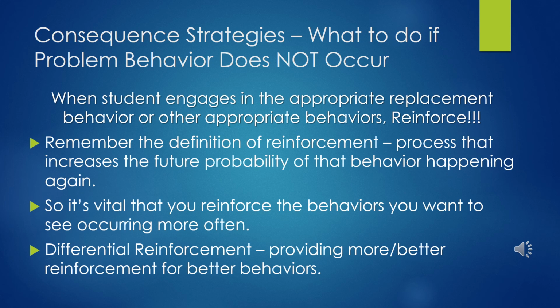So every behavior plan in the consequence section, and later, at the end of the course, I'm going to give you an example behavior plan that's embedded in an IEP writer, and you'll see that there are 2 C sections or 2 consequence sections. One of those has to address what you are going to do as the teacher when problem behavior does not occur. So when a student engages in the appropriate replacement behavior or other appropriate behaviors, we want to reinforce.